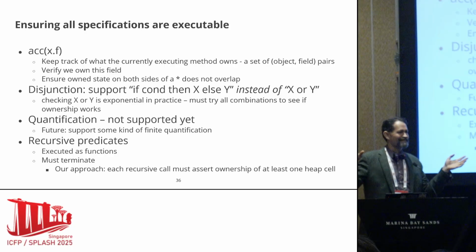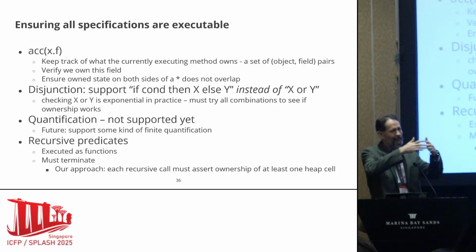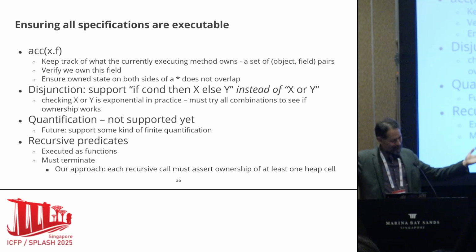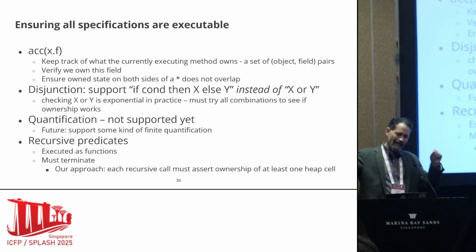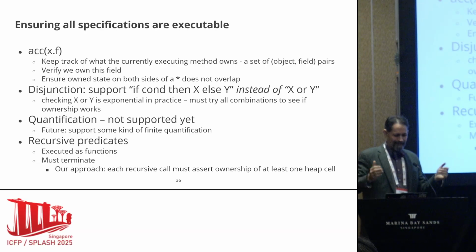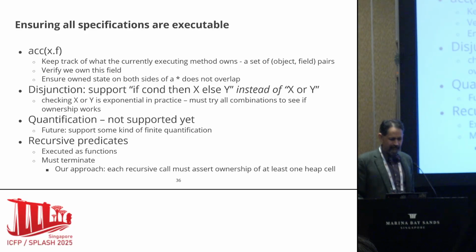The heap is finite. So you might wait a long time, right? If your linked list is using all the memory on your machine, it'll take a long time. But every time you go through that linked list, you'll assert the ownership of a new cell, and eventually you'll get to the last one. So that's kind of a fun trick.